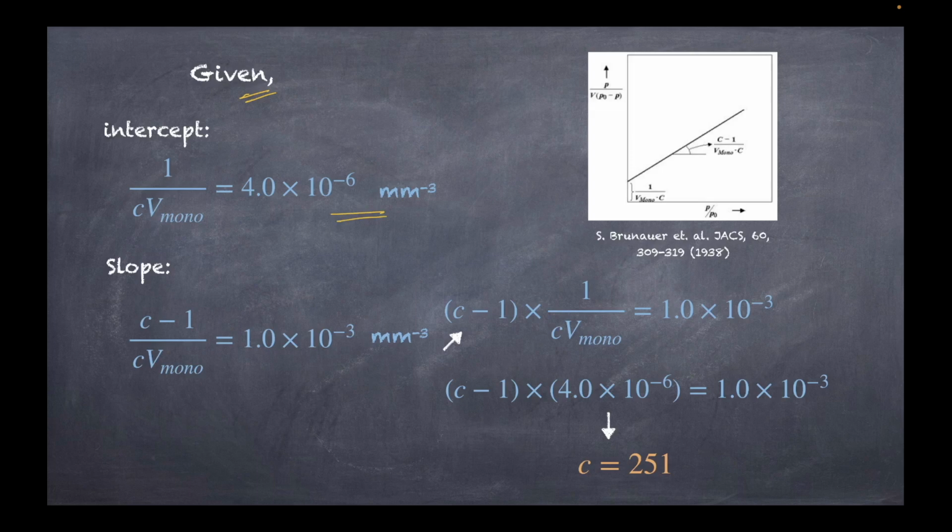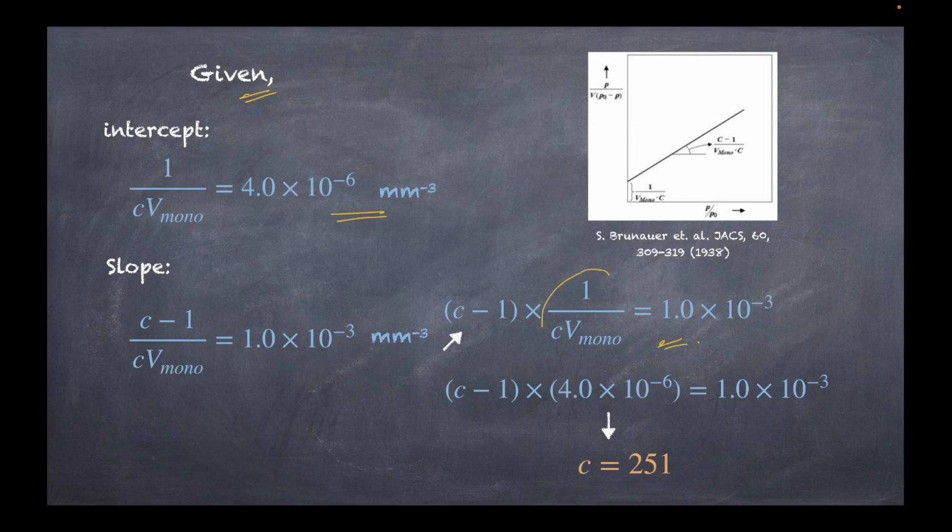We know the expression of slope: (C minus 1) divided by C times V mono, which is equal to 1.0 times 10 to the power minus 3 mm^-3. So (C minus 1) times 1 upon C V mono, which is the intercept, equals this.